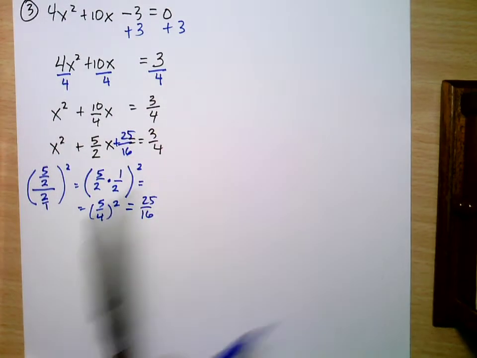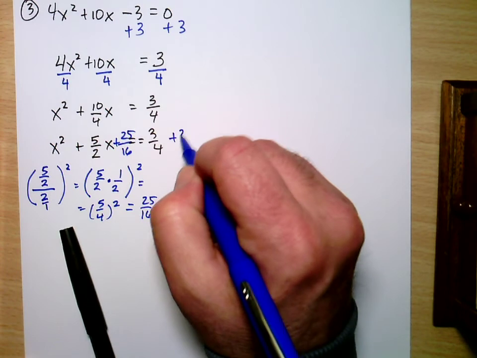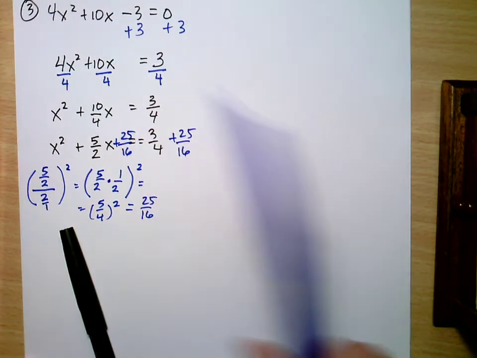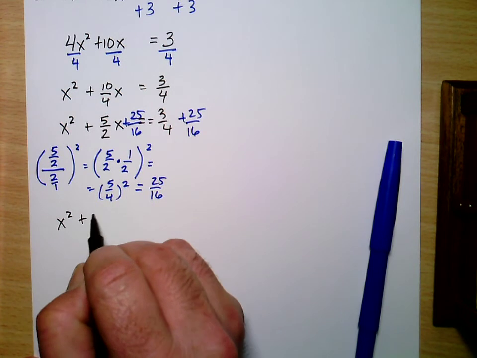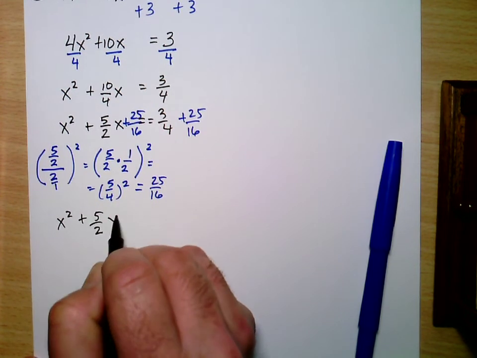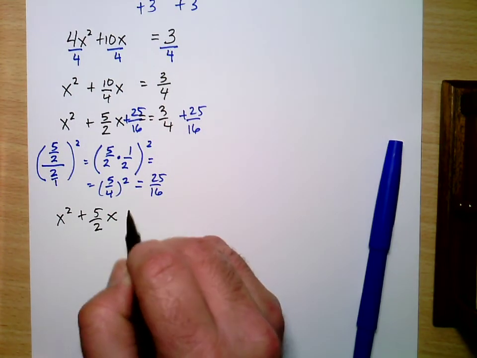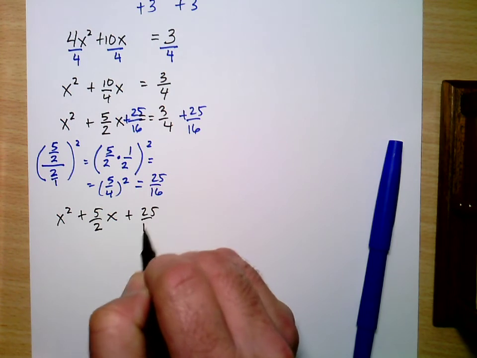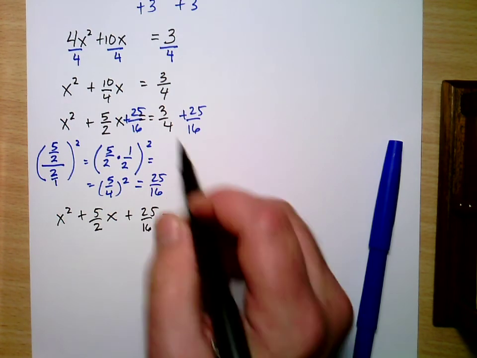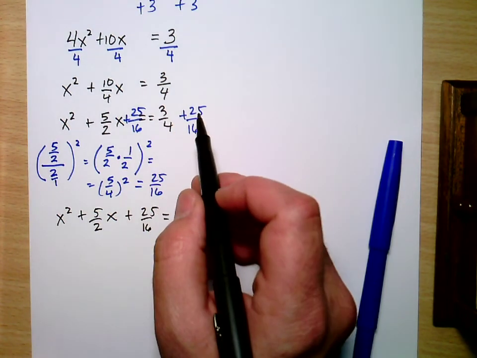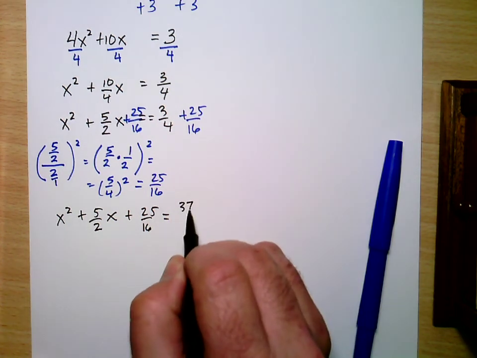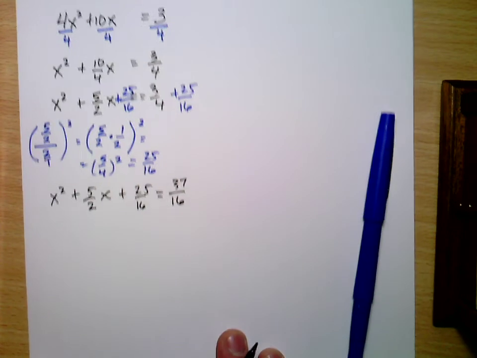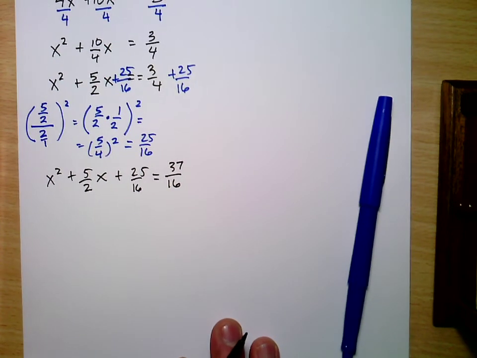Put the equal sign here so we keep it separate, plus 25 over 16. So we get x squared plus 5 over 2 x plus 25 over 16 equals, and 3 fourths plus 25 over 16 ends up being 37 over 16. Okay, you can do that on your calculator if you like.